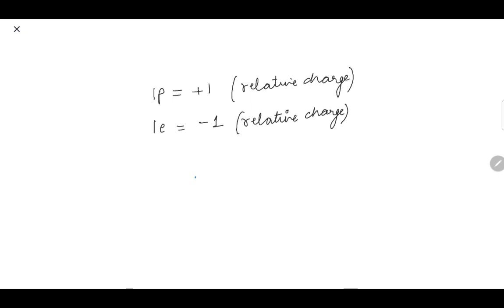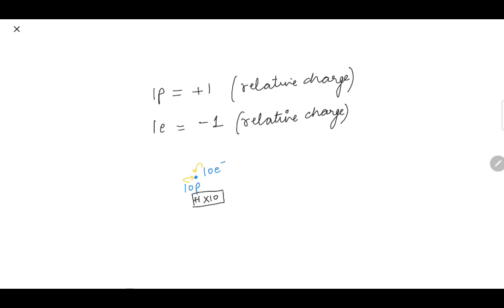So now when I say that, at this particular point, if I write down 10 protons and 10 electrons at the same point, I'm placing, let us suppose, 10 electrons and 10 protons. So what is the charge of one proton? Plus 1. So thereby, what would be the charge of 10 protons? Plus 10. This is not the actual charge. This is the relative charge.